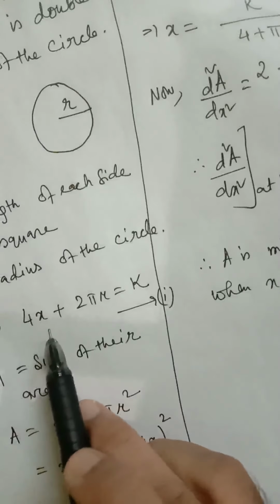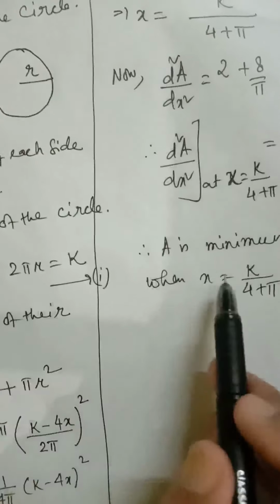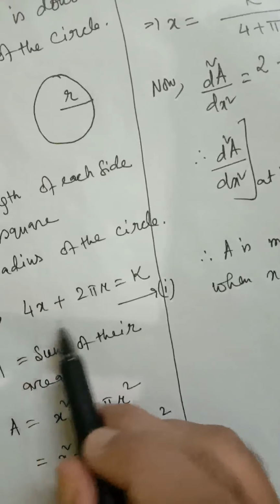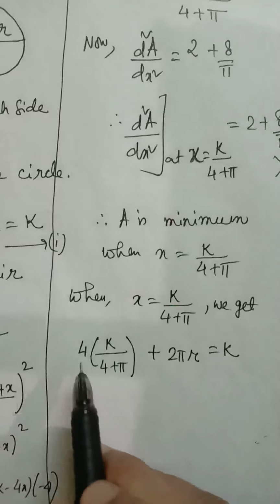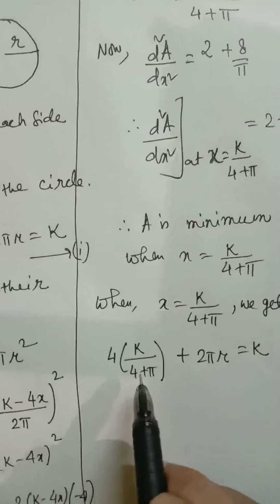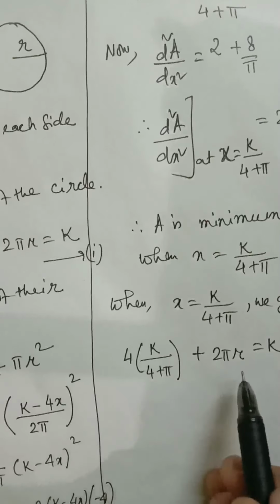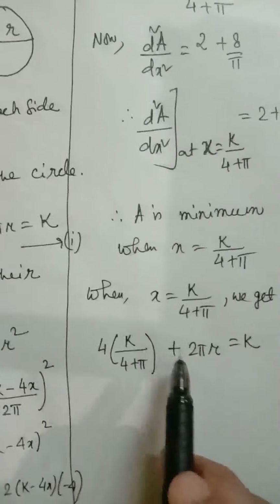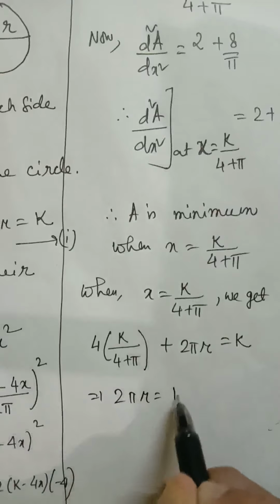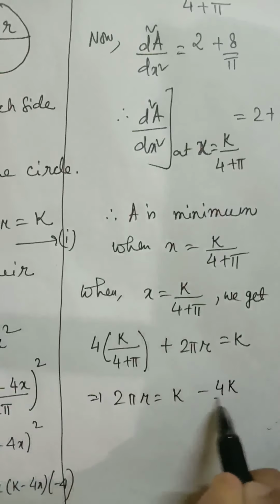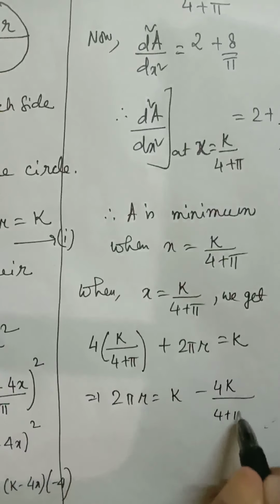In this relation, if we put x equal to k by (4 plus pi), we will get 4 into k by (4 plus pi) plus 2 pi r equal to k, and from this we will get 2 pi r equal to k minus 4k by (4 plus pi).